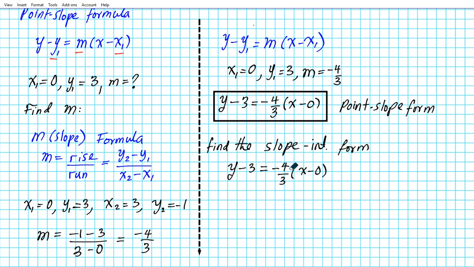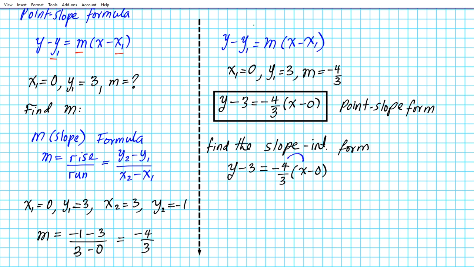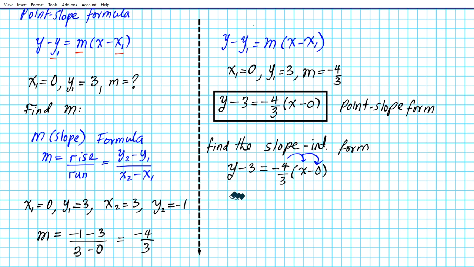Okay, so let's see what we have here. We can distribute, as indicated earlier, negative 4 thirds across x and 0. If we carry out that distribution, we're going to have y minus 3 equals negative 4 thirds x. And then when you multiply it by 0, it's gone. Okay, minus 0 is gone.